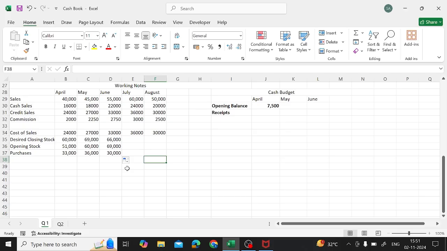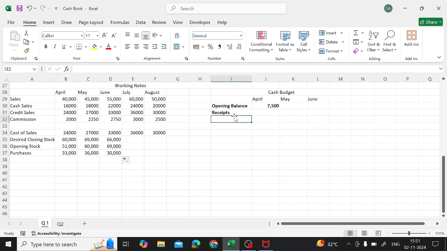Now receipts. For the receipts, it is given in the question that credit sales are collected in the month after sales.